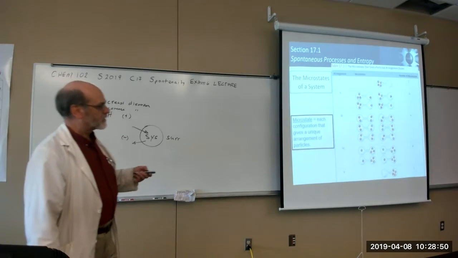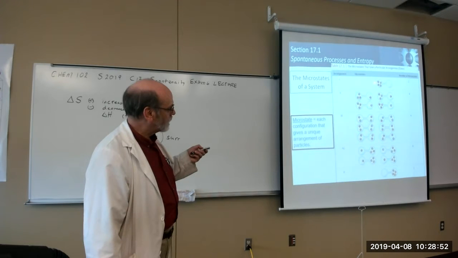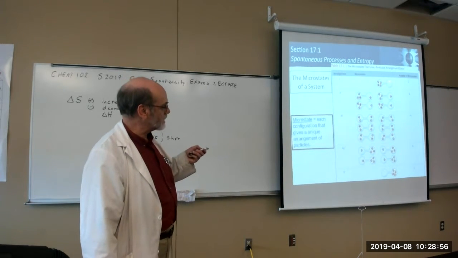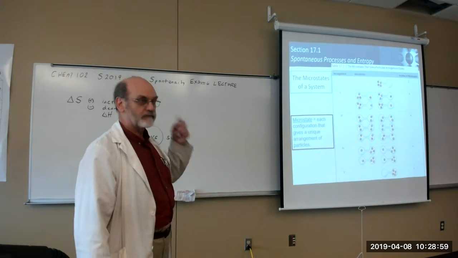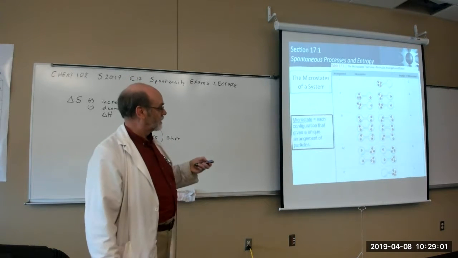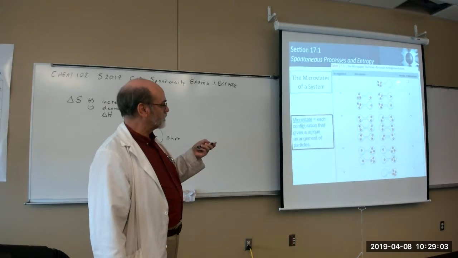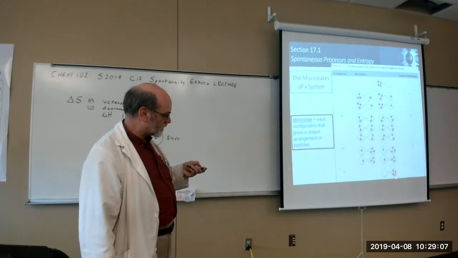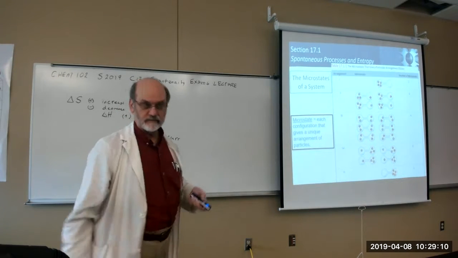So here we have 4 particles, A, B, C, and D. One possible microstate is for all of them to be over here on this side. There's only one possibility for that. There's only one possibility for all of them to be on the other side.